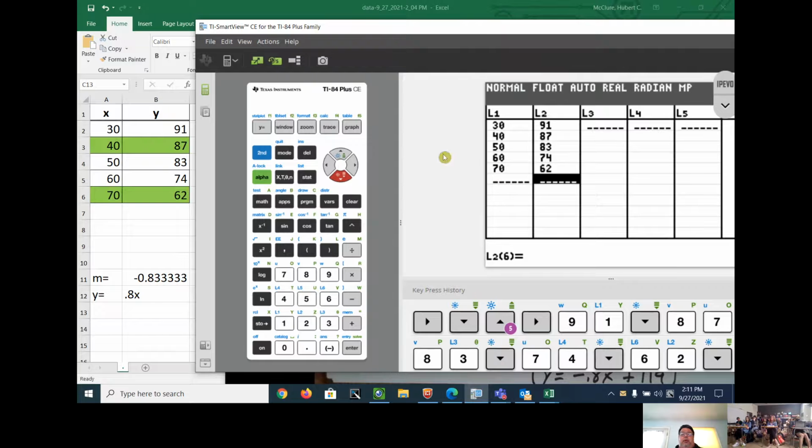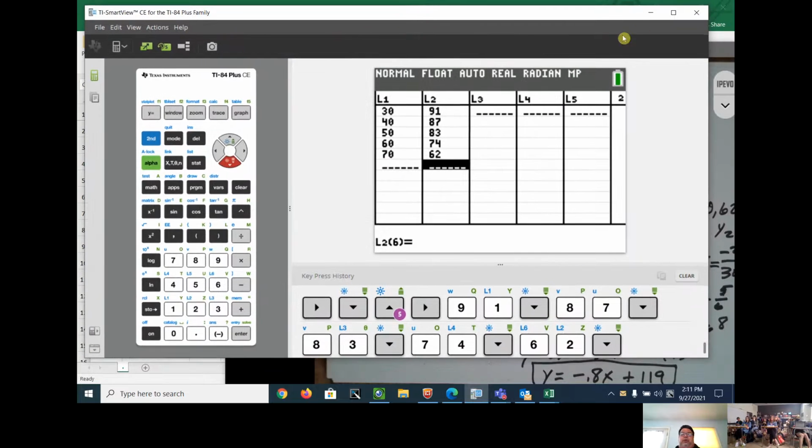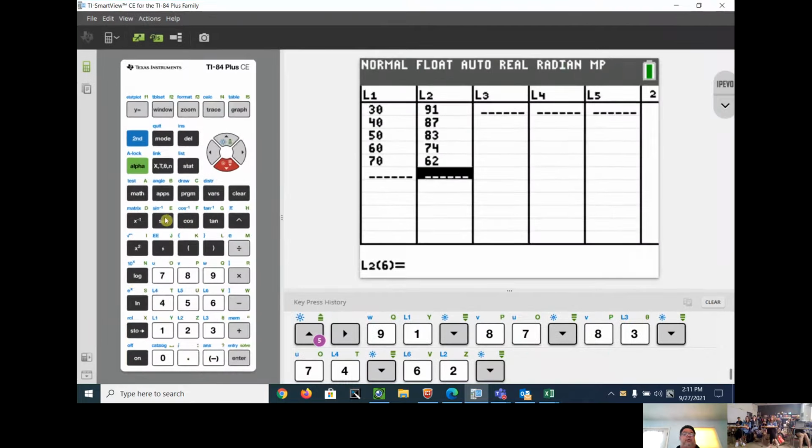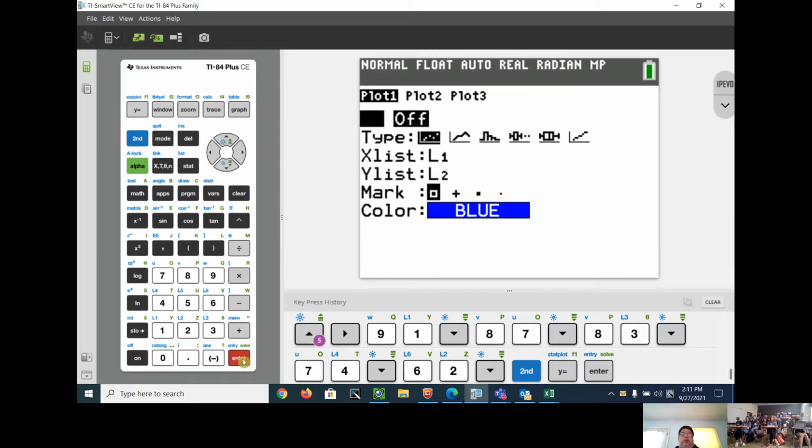Now, I'm going to draw this with the calculator. First of all, stat plot, on. It's already reading everything, so just hit graph.